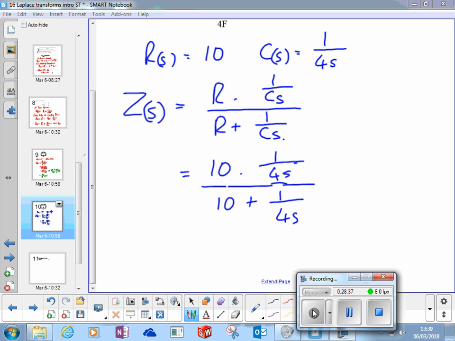I think I better stop writing that like that, because what we're saying is the capacitor in S space is equal to 1 over what the capacitance value is in farads times S. So I've done it right, but I can see where you're getting confused. Perhaps I should put here, would it help if I said that was ZC, the impedance of the capacitor in S space, because that's what it is.